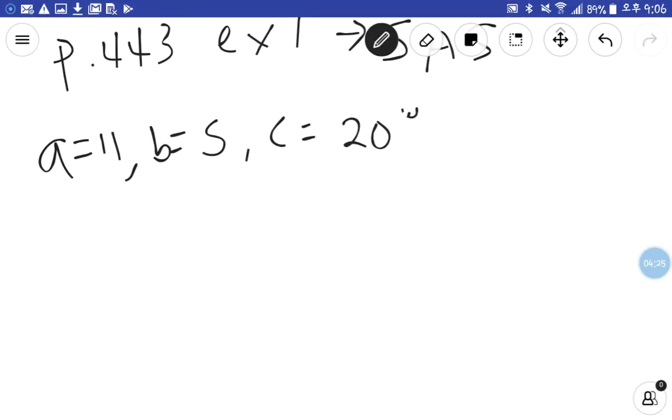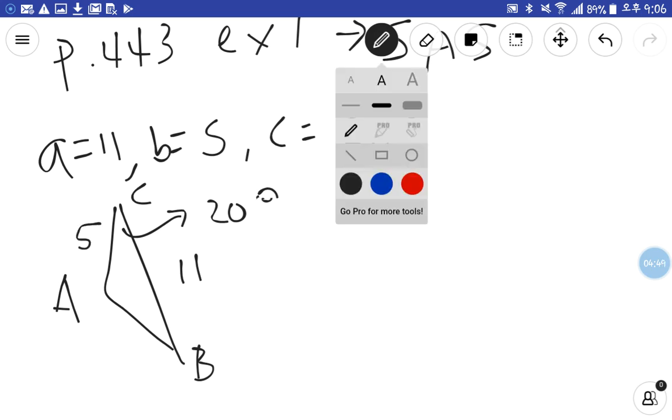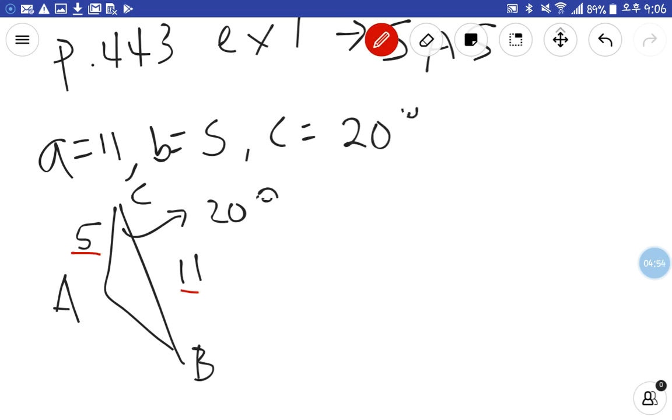There is one triangle shown to you. This is our triangle, A, B, C right here. This is 20 degrees, coming from our information, right? And opposite of angle A equals 11, and opposite of angle B equals 5. So you can see that this is a SAS situation, two sides and then the angle between, right?